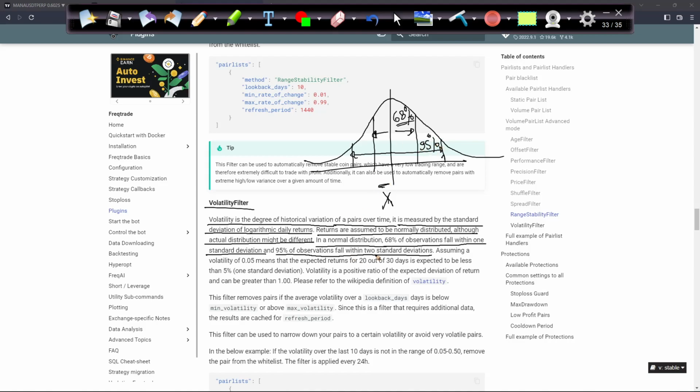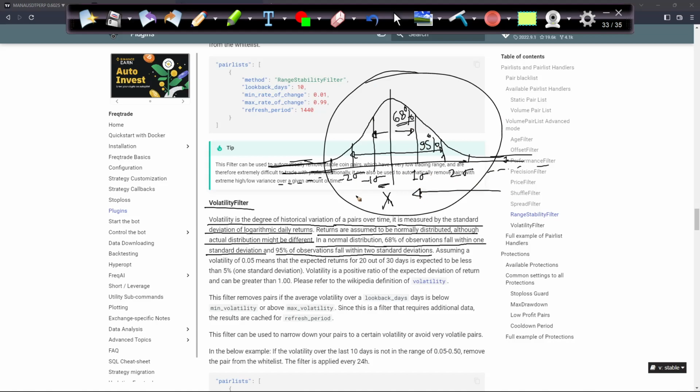This is our standard deviation, 1 sigma. This is 2 sigma. This is minus 1 sigma. This is minus 2 sigma, and then we go on. The height decreases, so there is less and less distribution out here, and more and more distribution around the mean. So that's what it does.